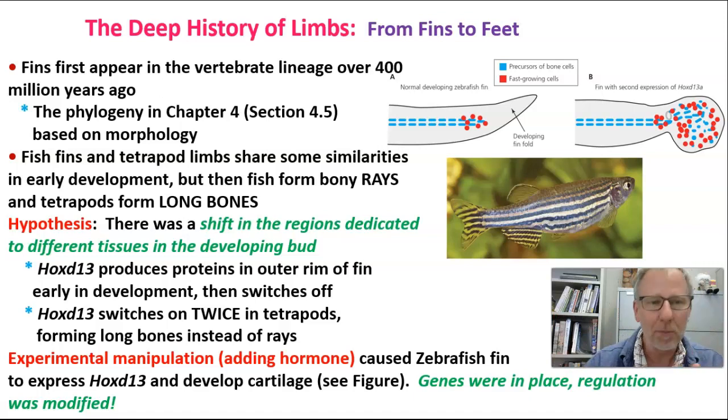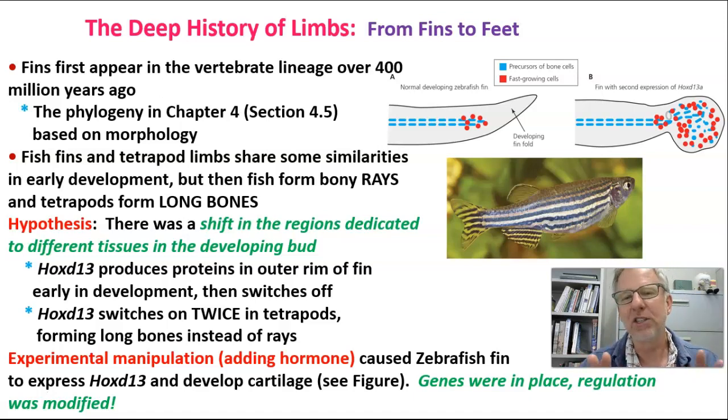So this leads to a hypothesis that there was a shift in the regions dedicated to different tissues in the developing bud. So once again, it's a regulatory hypothesis. There was a shift in how genes are being regulated, and that shift focused on different tissues developing in the limb bud. So back to this HOXD13 gene that seems to be really important.